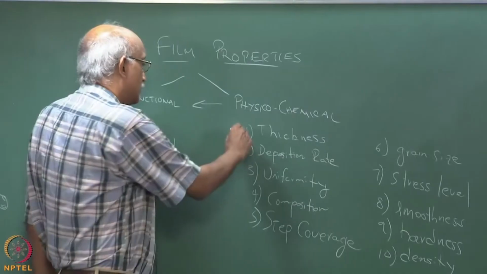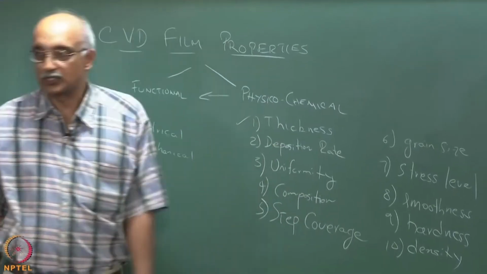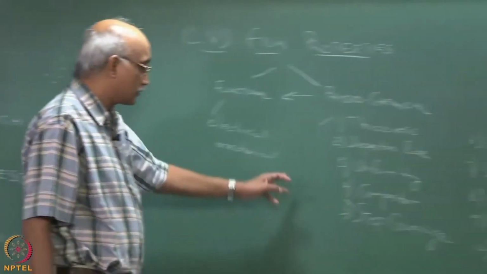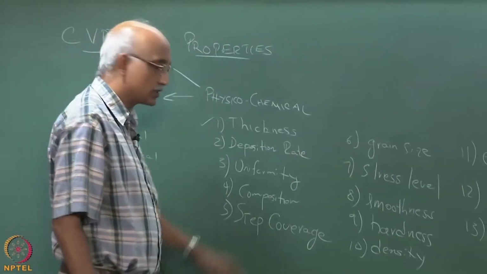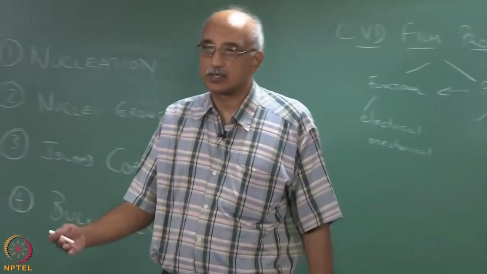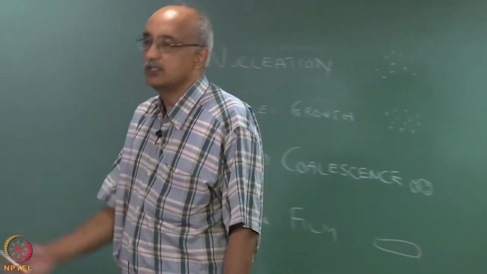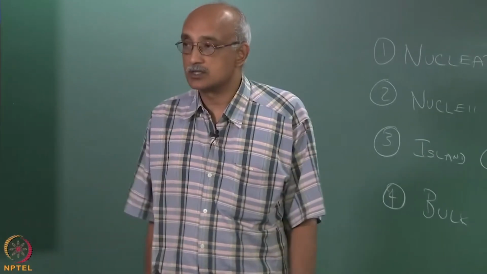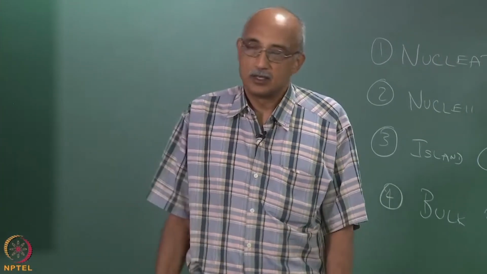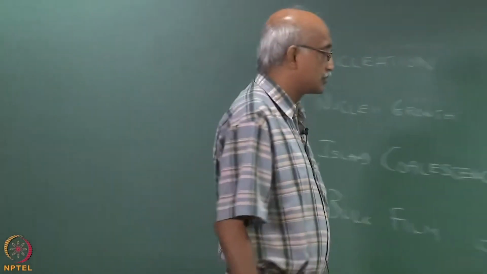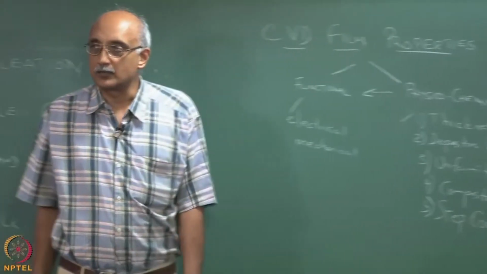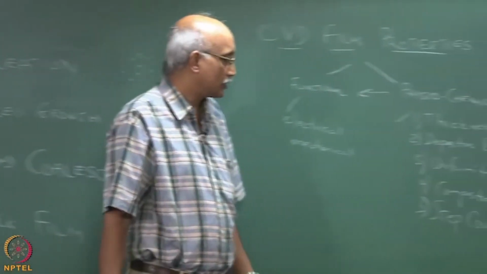For example, thickness is measured on a daily basis, but deposition rate is not, composition is not, because once you have set up a system, you do not expect composition to change on a daily basis. You probably will do a check, say, on a monthly basis just to make sure that some impurity has not entered into your system. But typically if the composition has changed, it will show up in your electrical or mechanical measurement. So, you do not really worry about it too much.